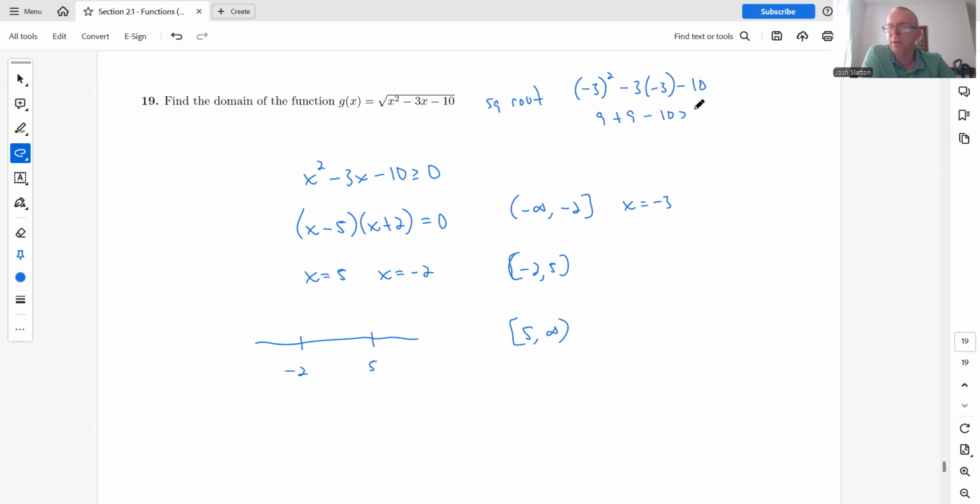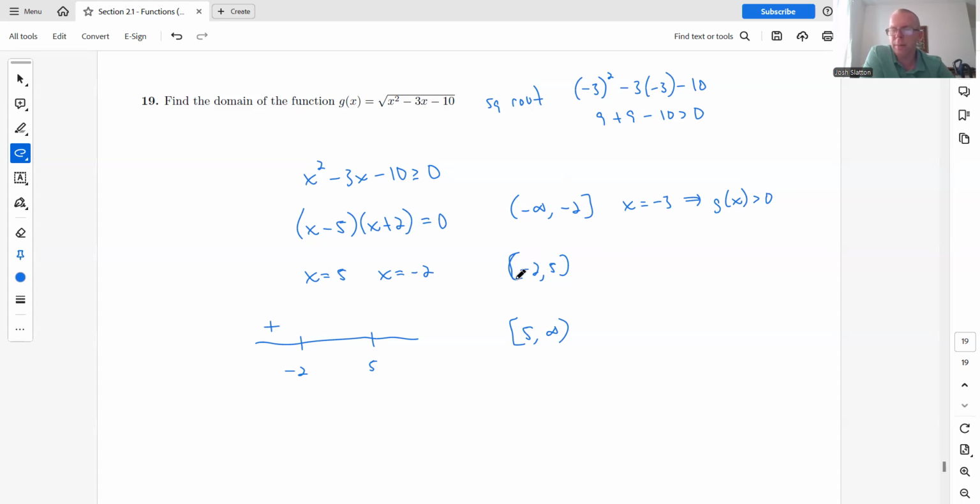So that is greater than 0. So x equals -3 means that g of x is greater than 0. So we are greater than 0 in this interval. So any other number that you pick, -5, -10, -1,000, those will all be positive. Doesn't matter what you pick as long as it's in that interval.